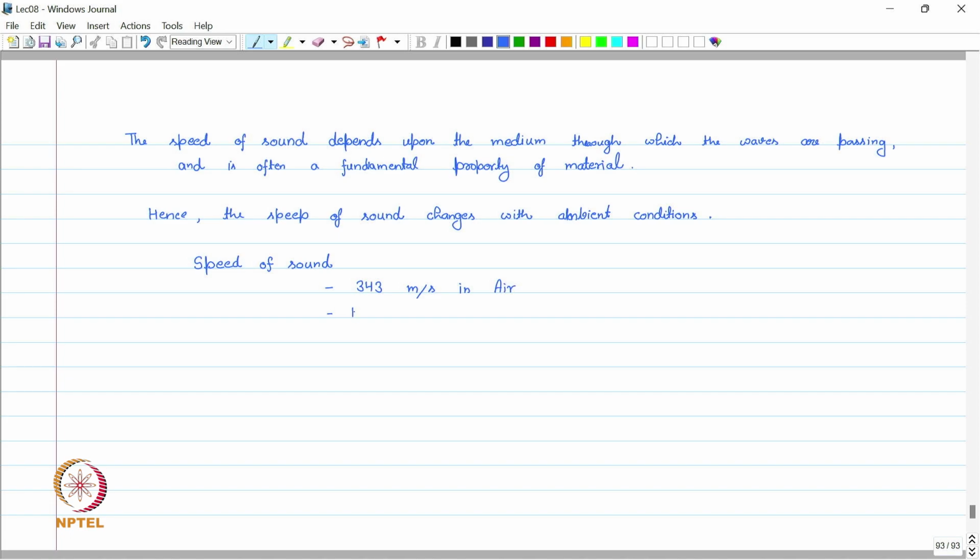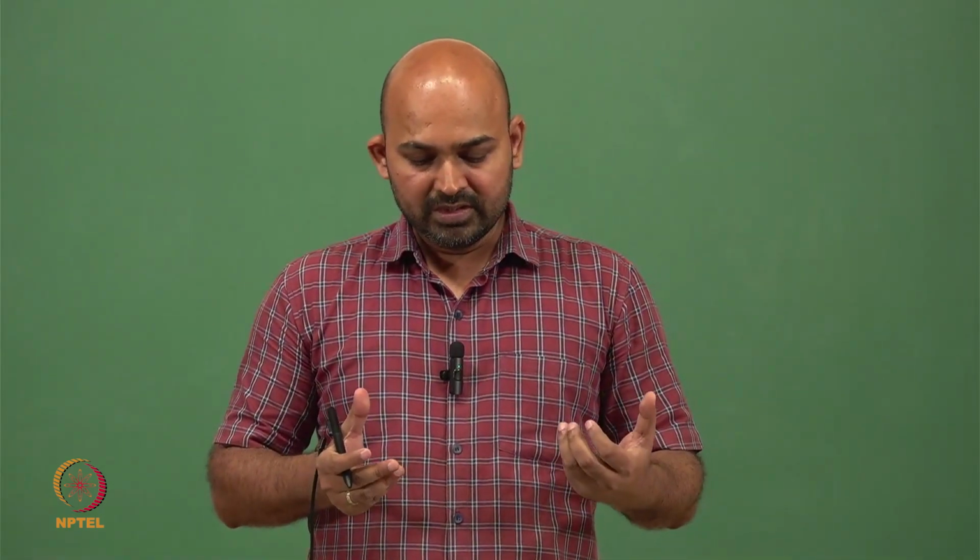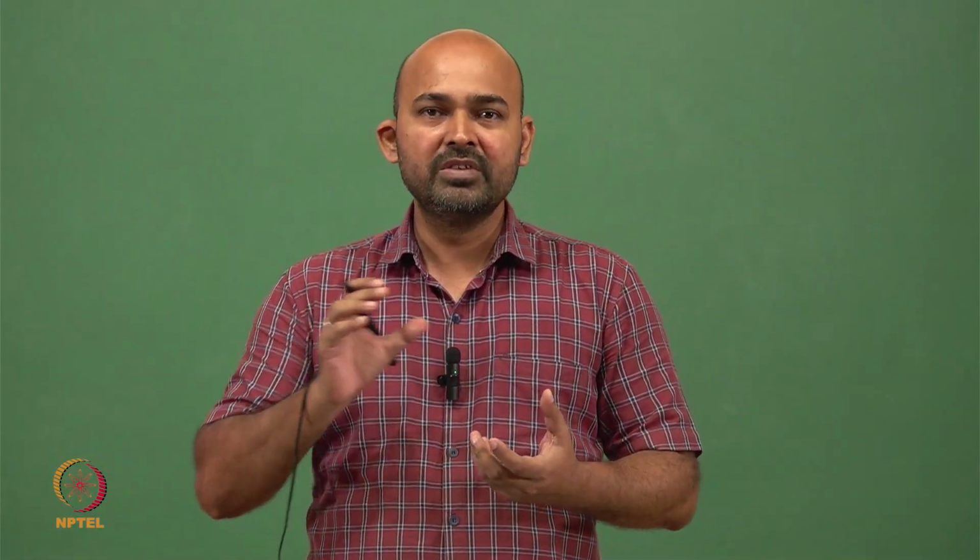This is 1482 meter per second in water, and it's much higher, 5960 meter per second, in solid like steel. So here we have the speed of sound, which is a property of sound. This is often a property of the material in which this wave is traveling.